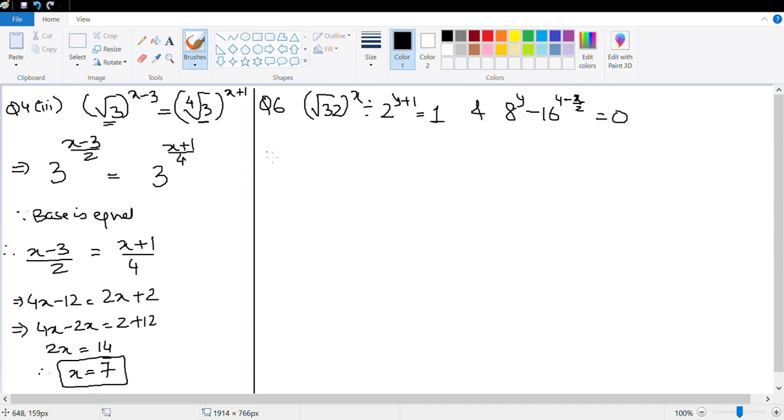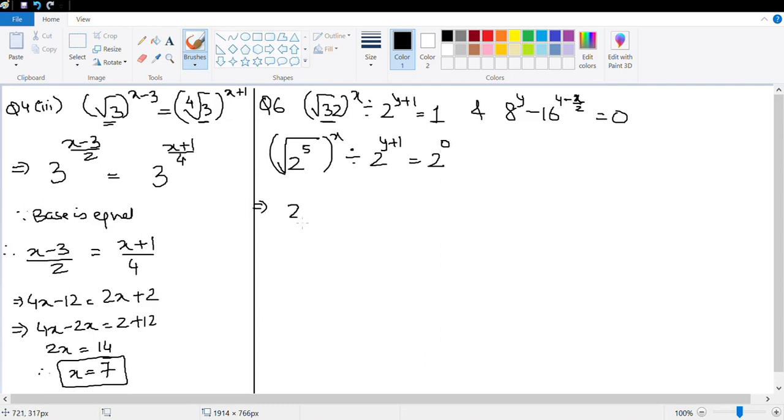The root of 32 can be written as 2 to the power 5, raised to the power x, divided by 2 to the power y plus 1, and 1 can be written as 2 to the power 0.